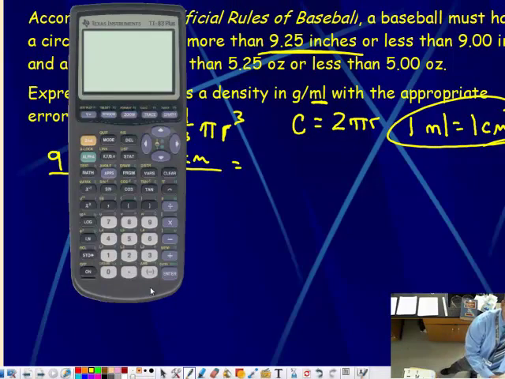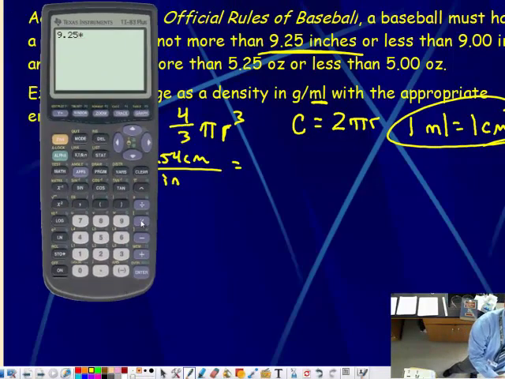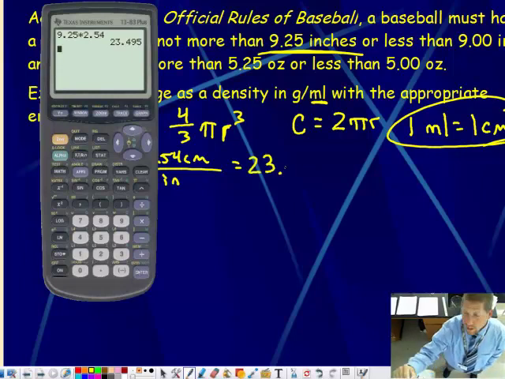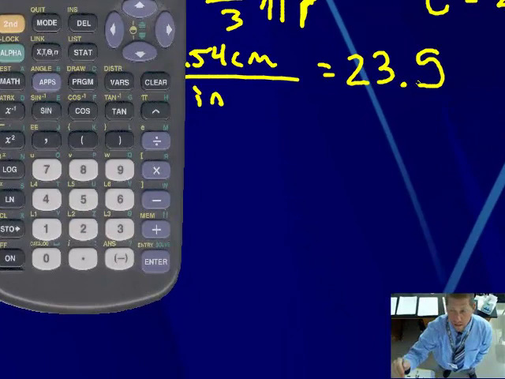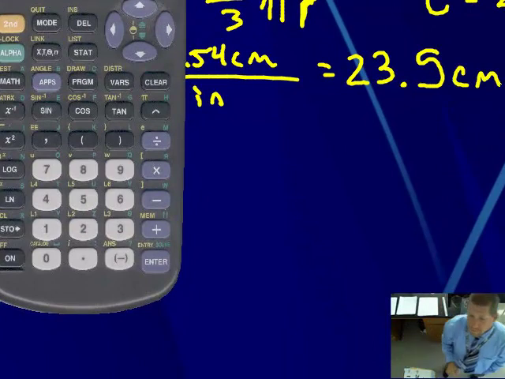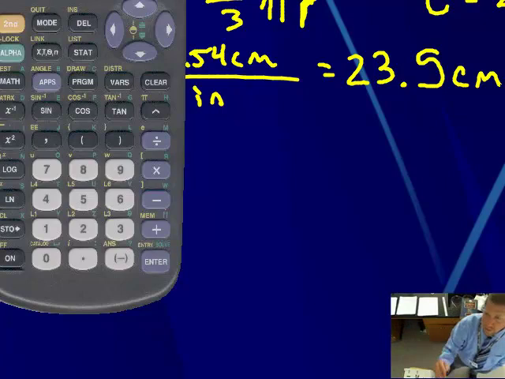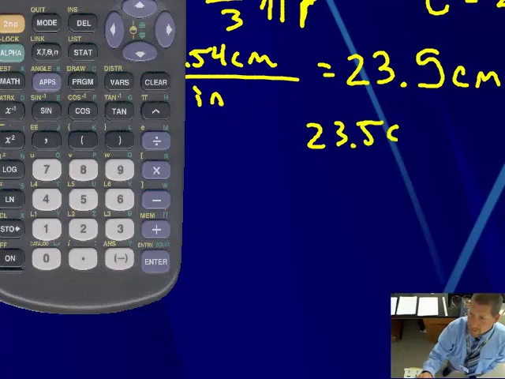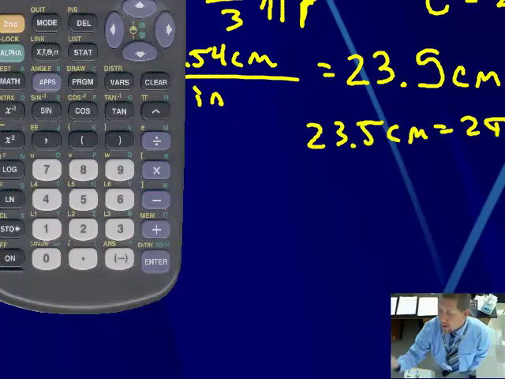So I have 9.25 times 2.54, and I got 23, we'll say 23.5 to keep the significant digits at 3 centimeters. All right, so now that tells me then the circumference is 23.5 centimeters equals 2 pi r.